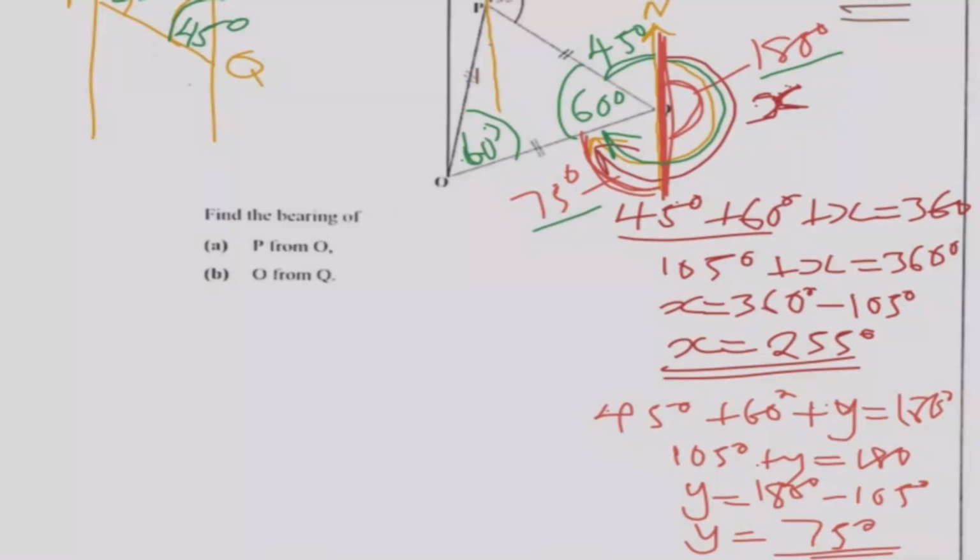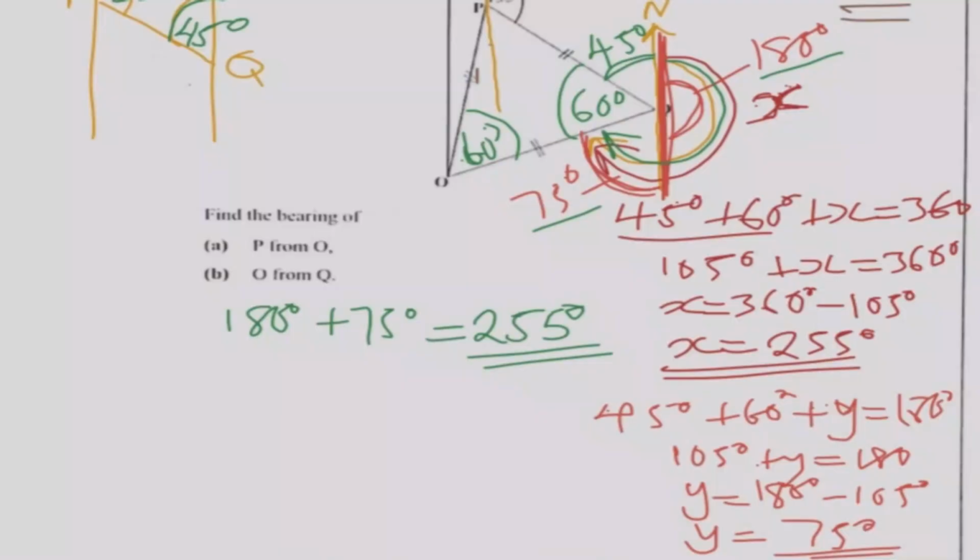So to find the value, we just add 180 degrees plus 75 degrees, which gives us 255 degrees. So whichever method you use will give you the correct answer, as long as you show your working.